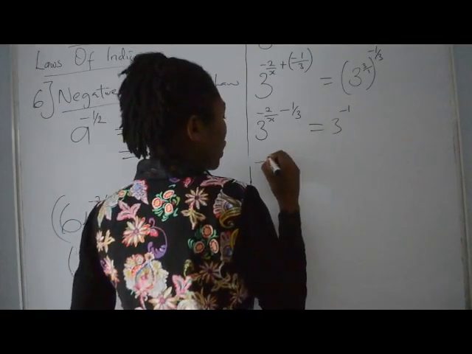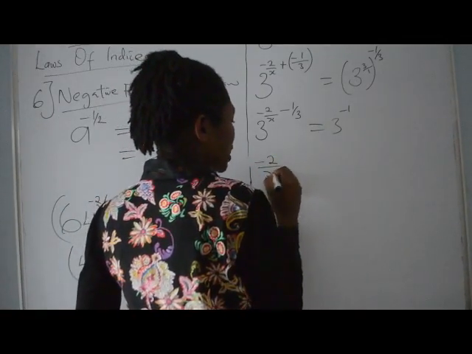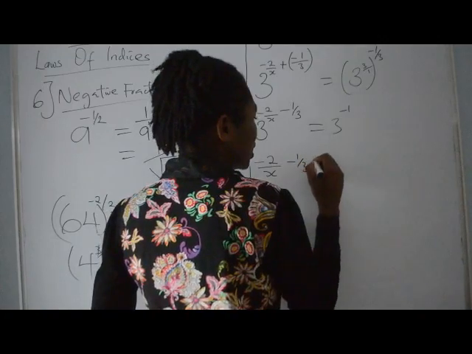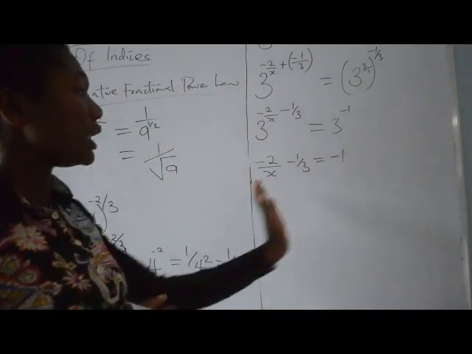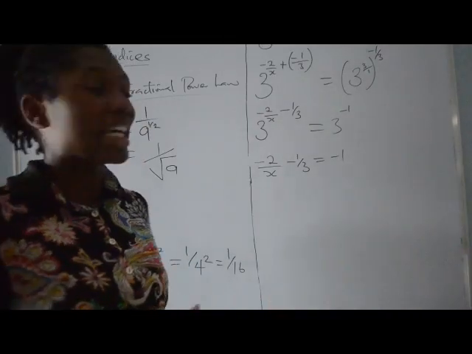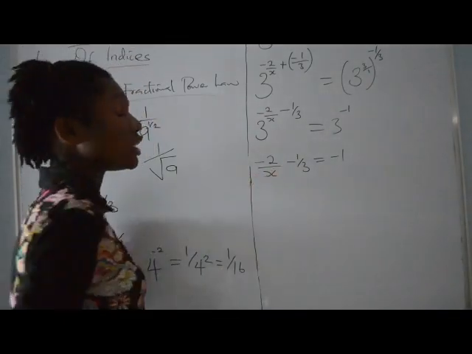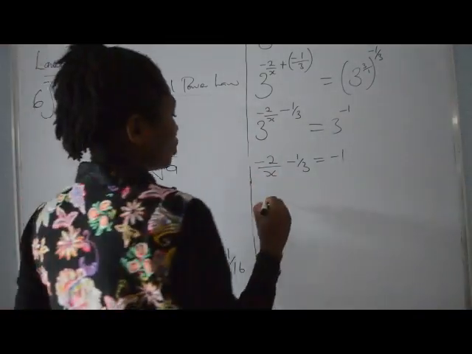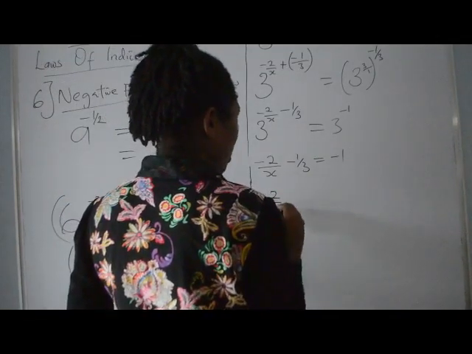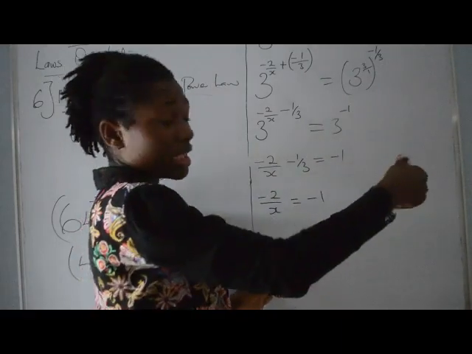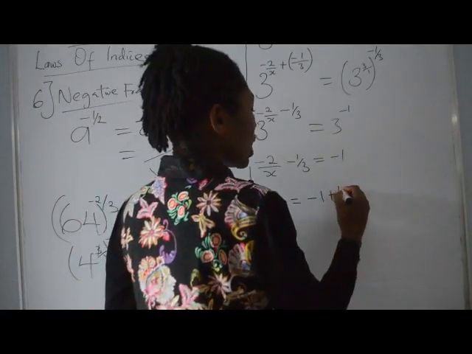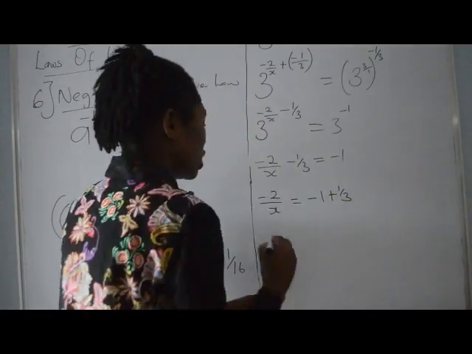So by equating the powers, we have minus 2 over x minus 1 over 3 to be equal to minus 1. Now when we have this, we can collect like terms: the numbers will go to one side and the unknown on the other side. So we have minus 2 over x to be equal to minus 1, and when minus 1 over 3 comes to the other side, it becomes plus 1 over 3.